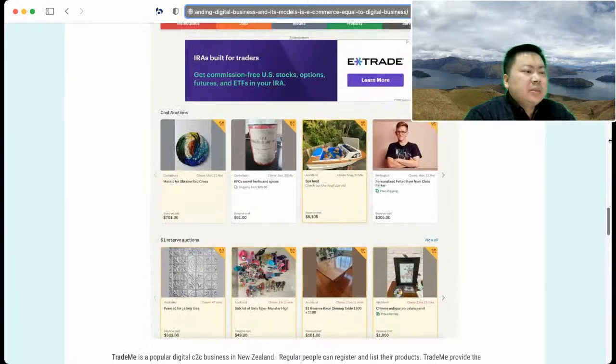Because on TradeMe, it is not always individual consumers who list their second-hand items. There are professional sellers. They are either sole traders or limited companies. They register accounts and sell products there, all brand new. And the people who buy them are sometimes businesses as well.